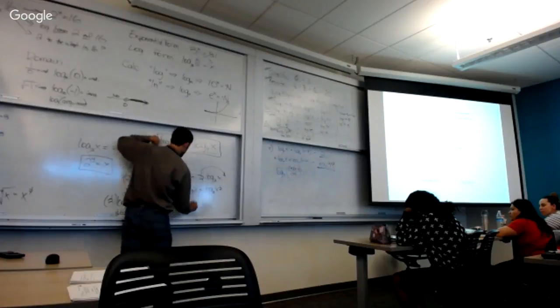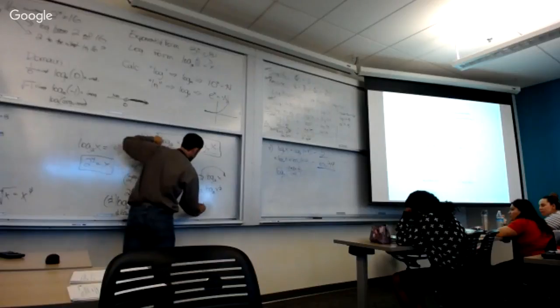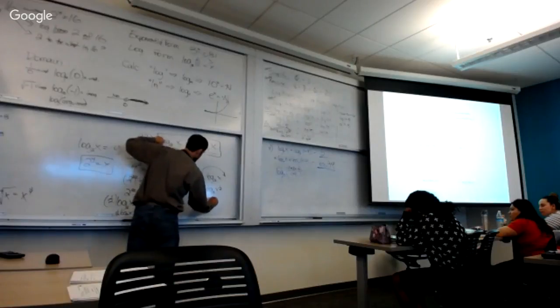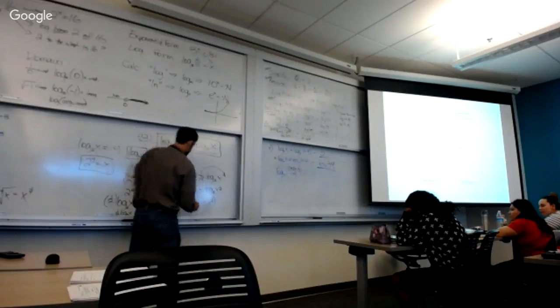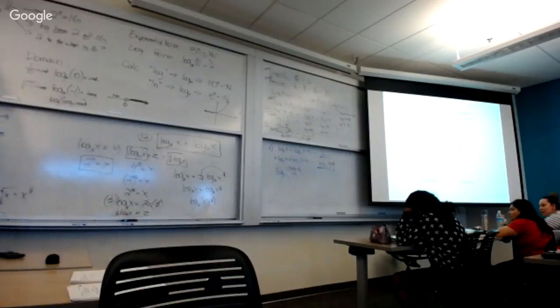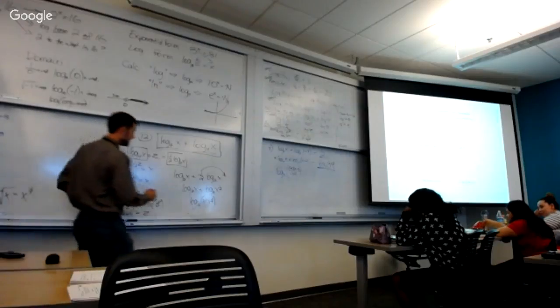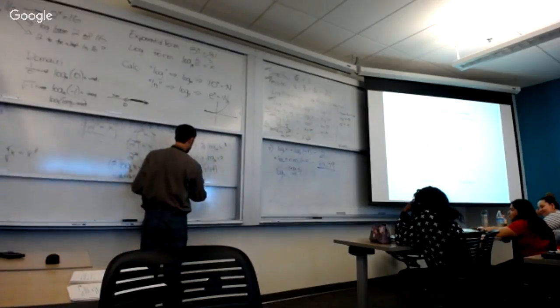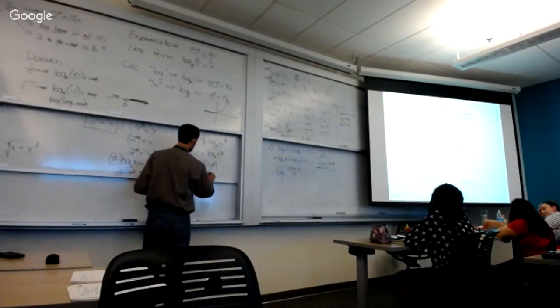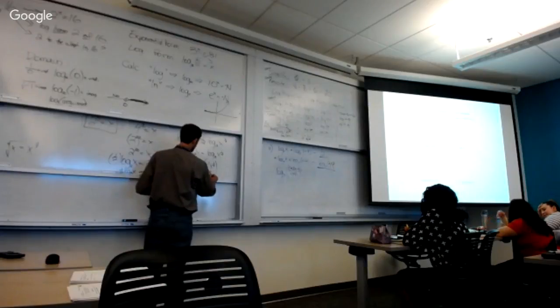Now they are the same base, so that'd be log base 2 of x times x to the 1/2. And what's that? What's x to the first times x to the 1/2? Adam, so that would be log base 2 of x to the 3/2.